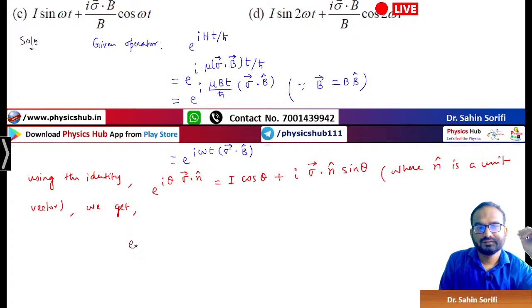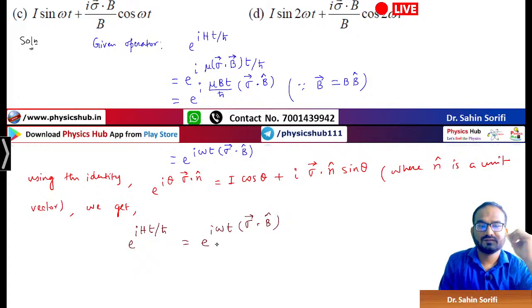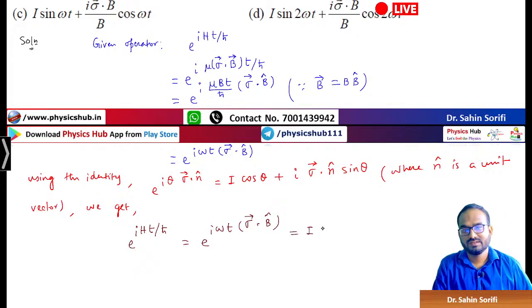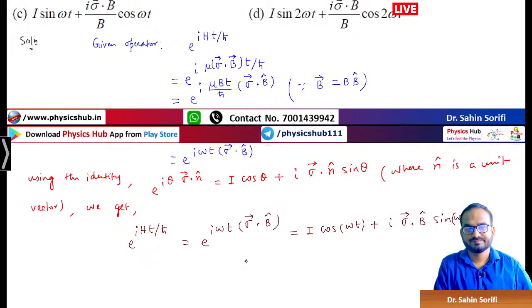We get e to the power iHt by h cut equals e to the power i omega t sigma dot B cap. As you can see, theta is replaced by omega t. So I cos theta means I cos omega t plus i times sigma dot n cap, and n cap is B cap here, sigma dot B cap sin omega t.